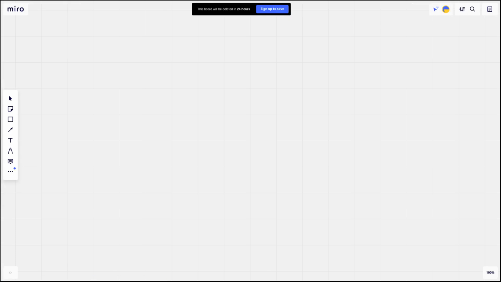Can you see a whiteboard? Brilliant. I'm waiting for the tools to load so we can start using the board.